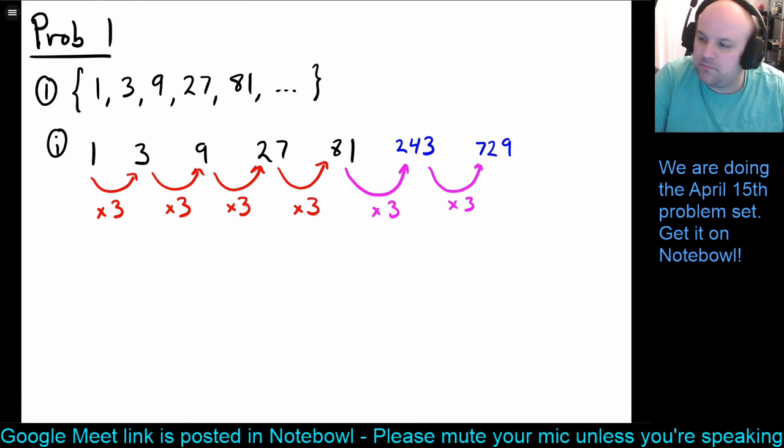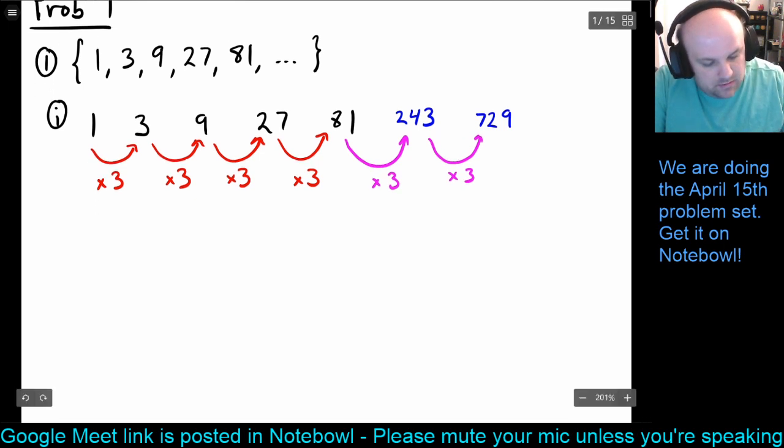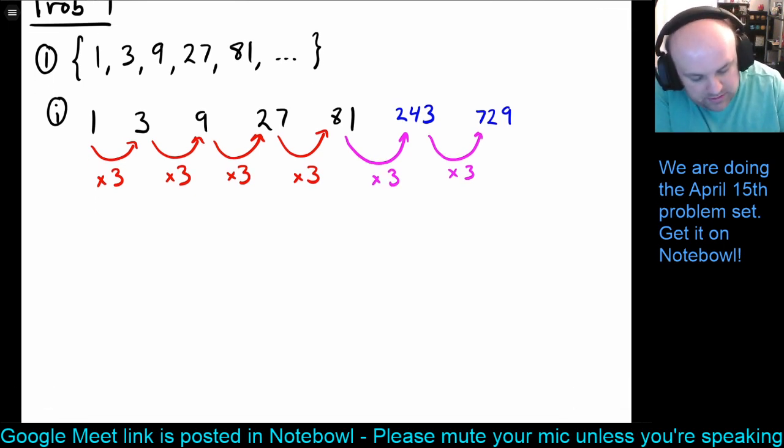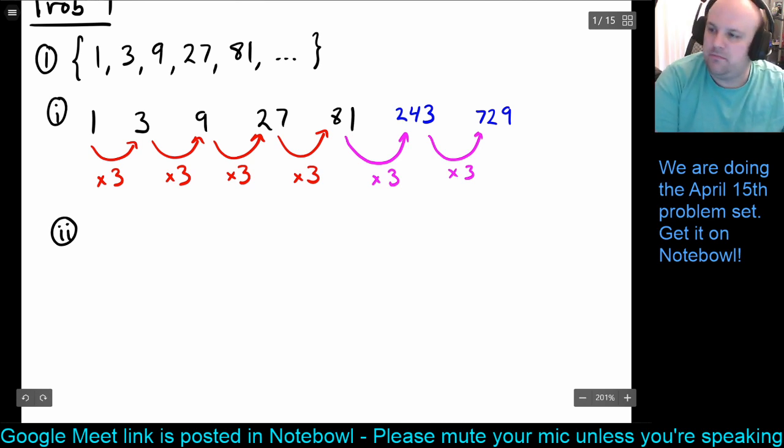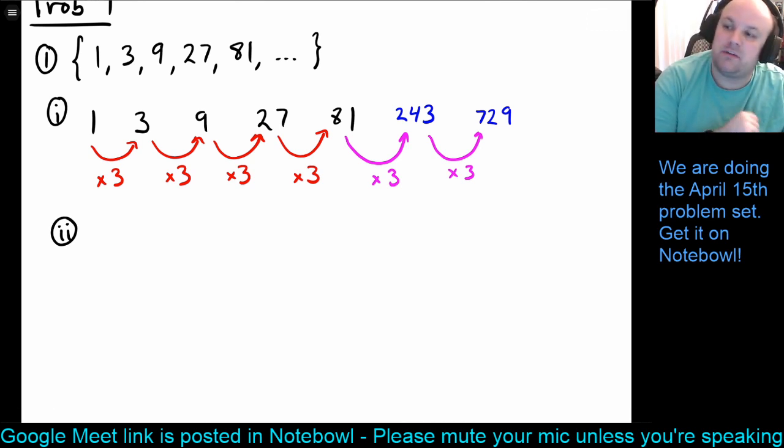All right, so that's that part. The next part here, we want to find a recurrence relation. The work we actually do in part 1 really helps to set us up for finding a recurrence relation, in most cases.